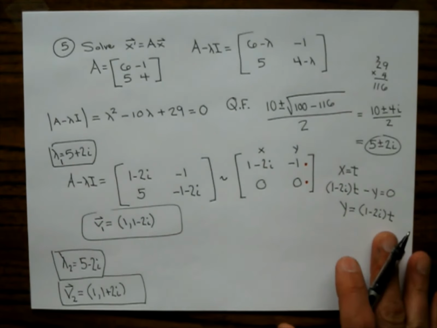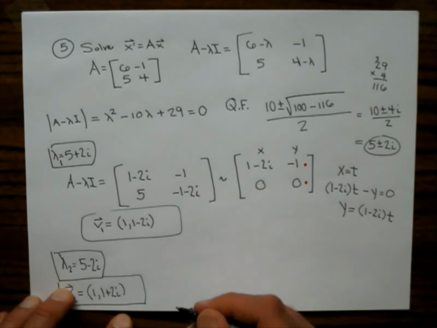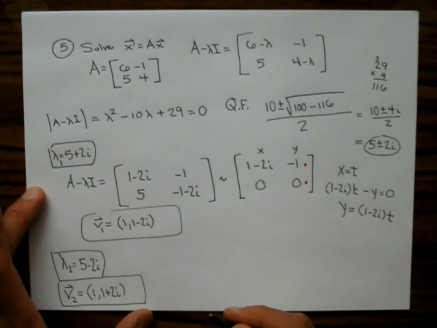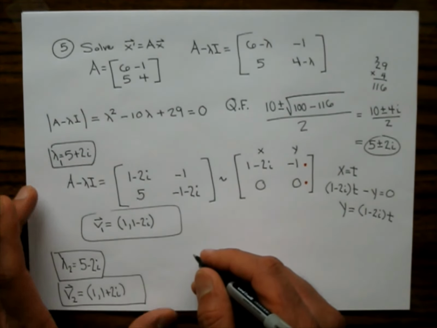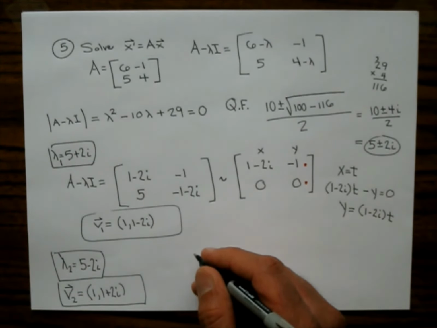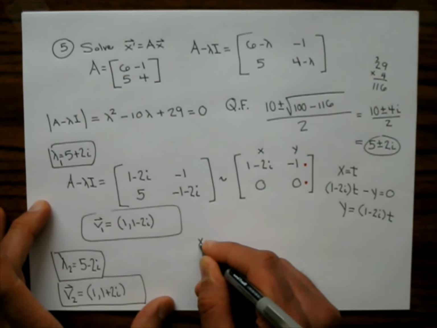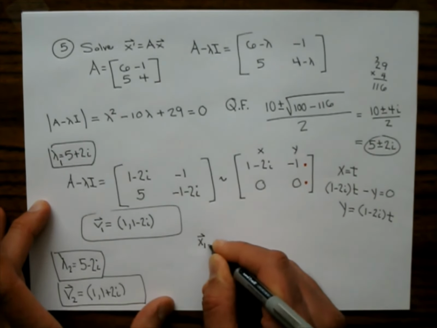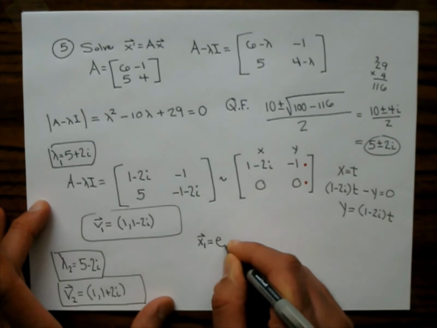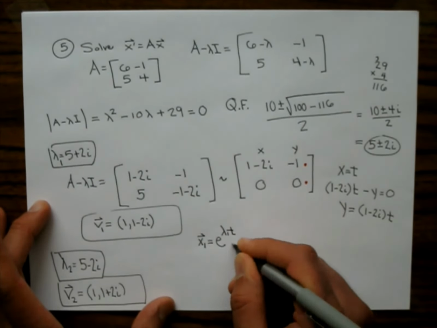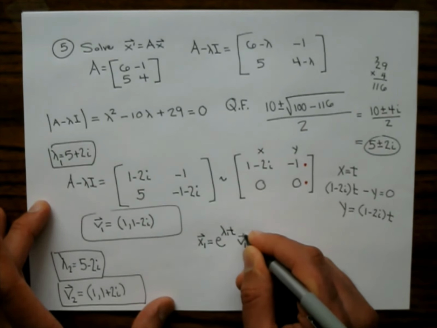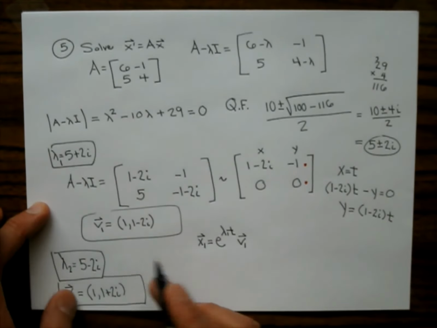So a lot of you might say, let's go like this. We can write out our general solution. We have x1 bar, which would be e, now this is going to get a little weird, to the lambda 1 t times v1. So here's lambda 1 and here's v1.